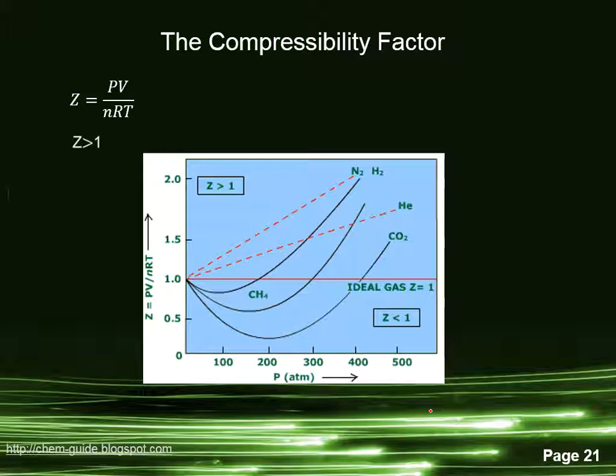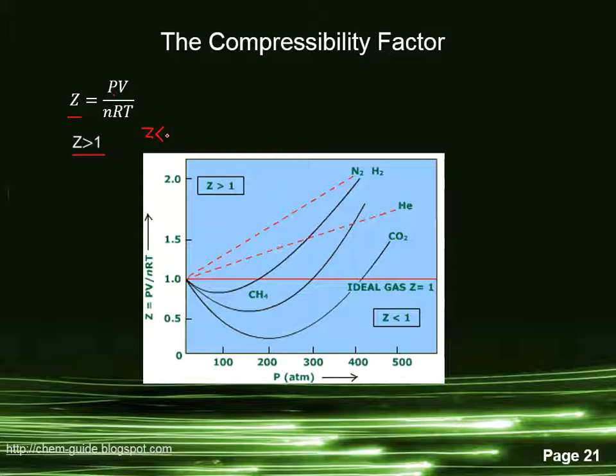In this slide, I'm going to talk about the compressibility factor. If we want to detect the deviation of a gas from ideal gas behavior, we can use something called the compressibility factor. Z, the compressibility factor, is equal to pressure times volume divided by moles times R times T. When Z is less than 1, intermolecular attraction exists.